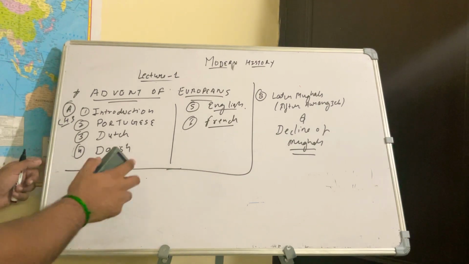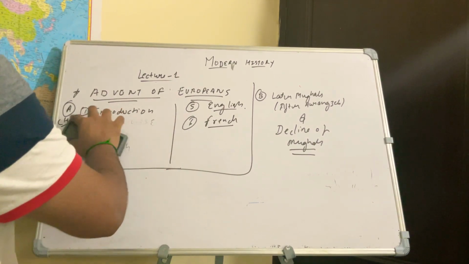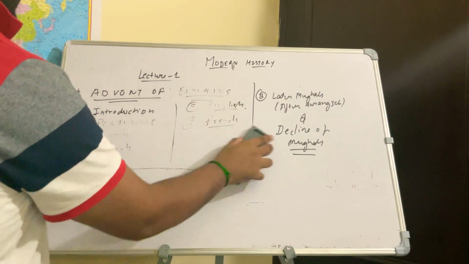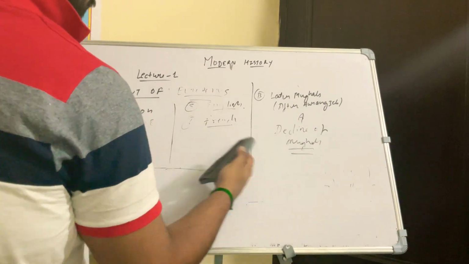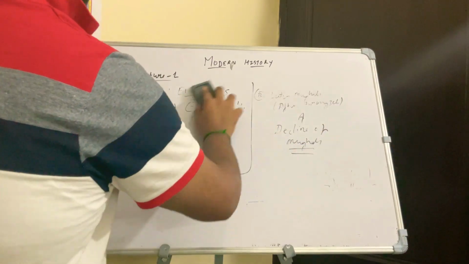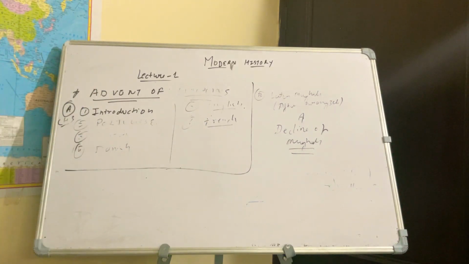So, we'll start with the very first introduction. Please write down in advent of Europeans as an introduction.